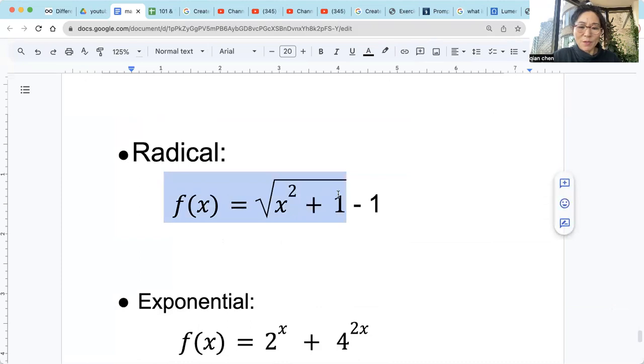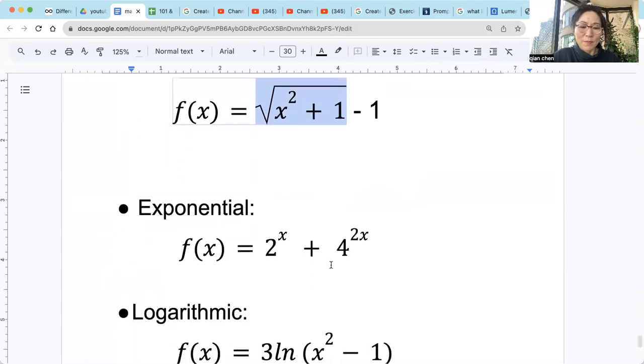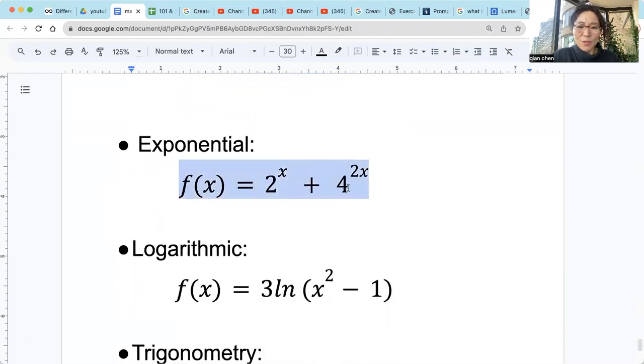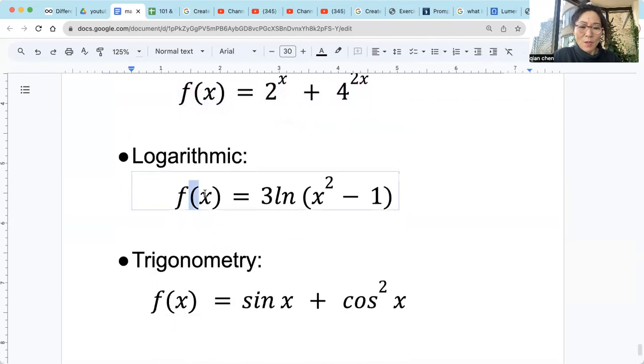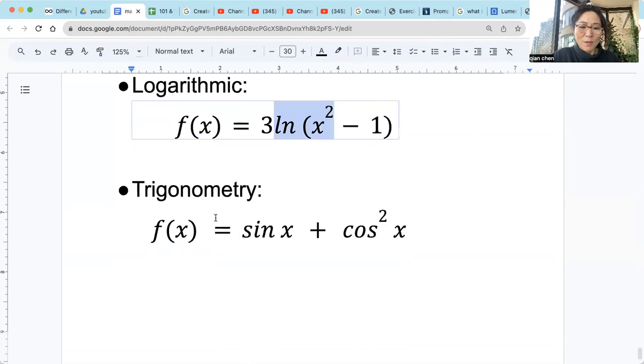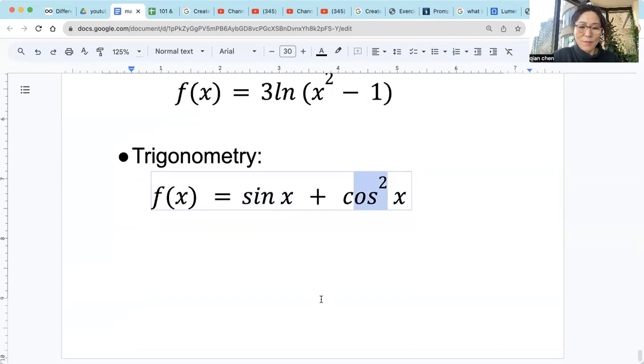Same thing for radical functions, right? We have f of x equals some radical expression. Same thing for exponential functions. We just see f of x equals some exponential expression. Same for log functions. We see log expressions involved. Trigonometry functions, we see f of x equals some trig expressions.